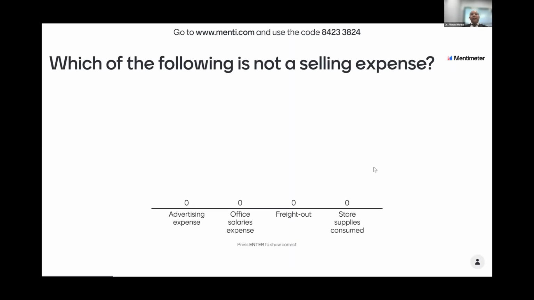Which of the following is not a selling expense? I just mentioned that, sorry, maybe I speak quickly, but it's an easy one. Selling expenses are any expenses related to the sale process.